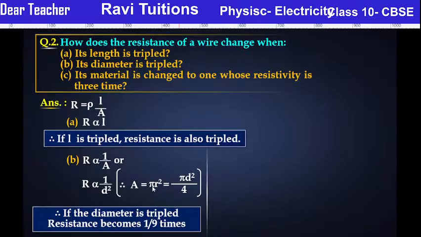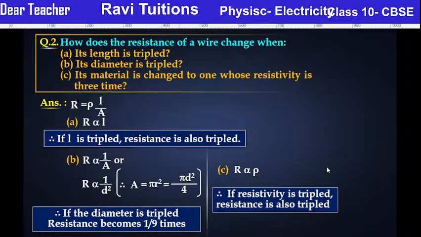If the diameter is tripled, resistance comes down because it is inversely proportional. Area of cross section is pi r square, so pi d square by 4. Since d is 3 times, area becomes 9 times, so resistance becomes 1 by 9 times. Third, resistance is directly proportional to resistivity. If the resistivity is tripled, resistance is also tripled. You have to answer these logically.